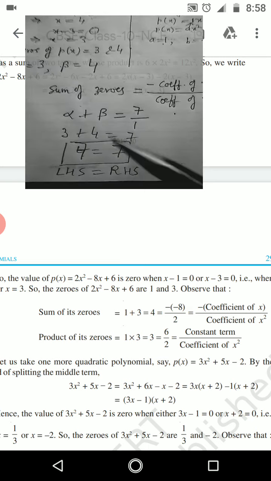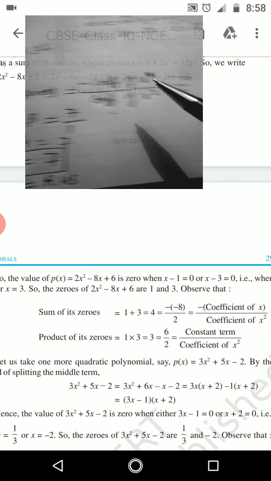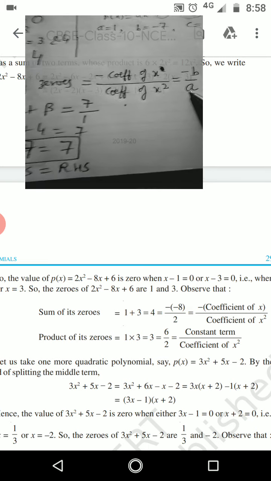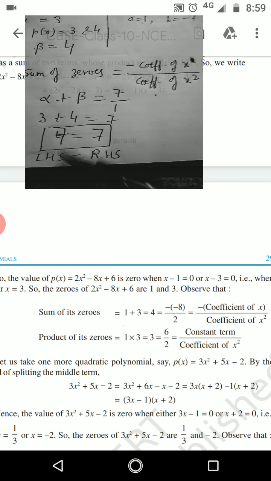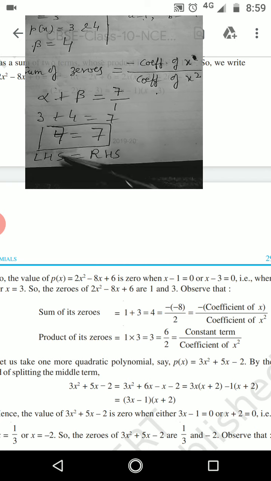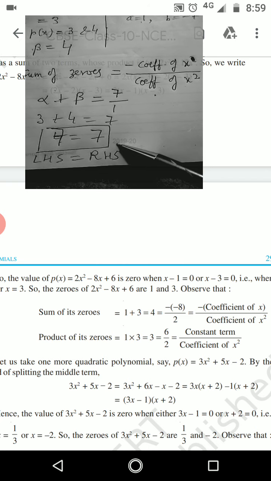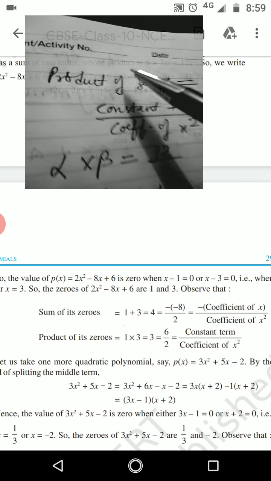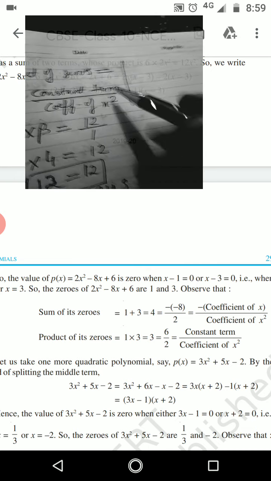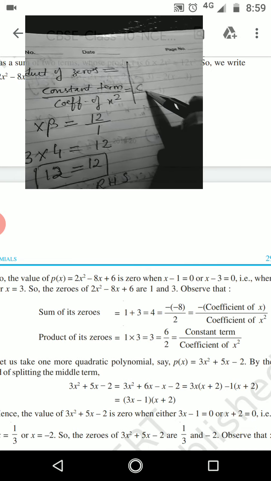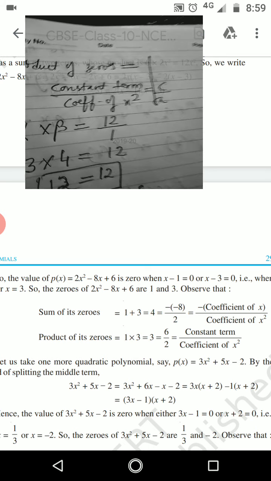Then first we will find sum of zeros, that is minus b upon a. Then by putting the values, 7 equal to 7 means LHS equal to RHS. And second part, product of zeros, that is constant term c upon coefficient of x square a.